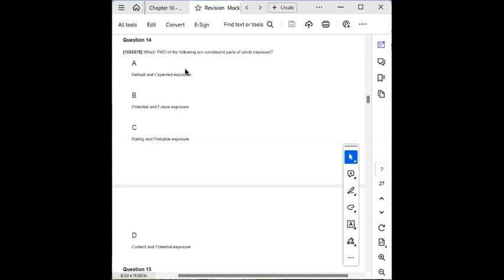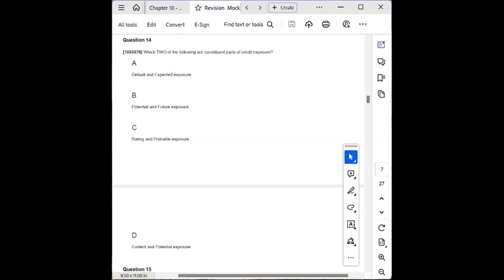Right. Let's see the question. Which two of the following are constituent parts of credit exposure? Default and expected exposure, potential and future exposure, rating and probable exposure, current and potential exposure.